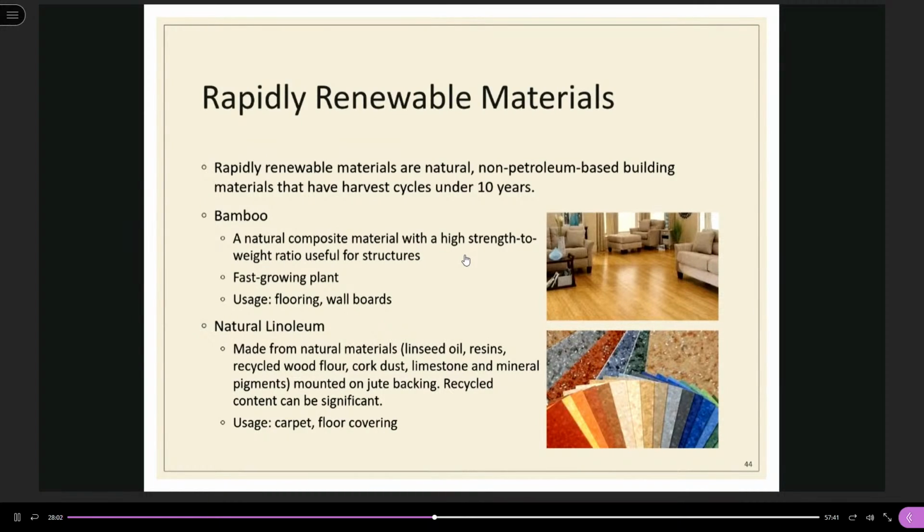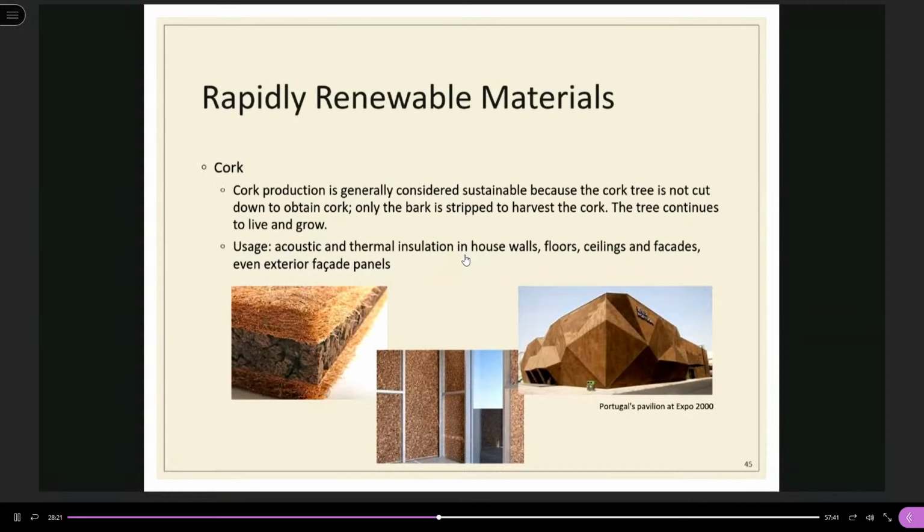Natural linoleum. It is made from natural materials, seed, recycled wood flour, cork dust, and so on. And they are usually used for carpet, floor covering. And cork, it is treated as a sustainable material because the cork tree is not cut down to obtain the cork.